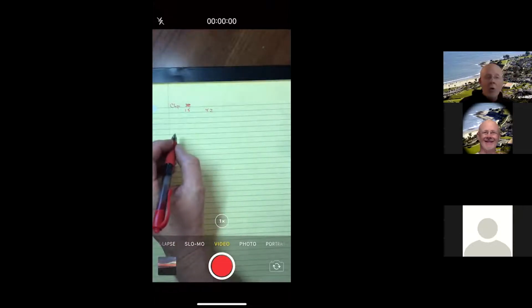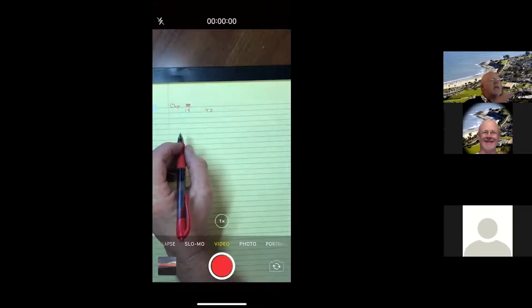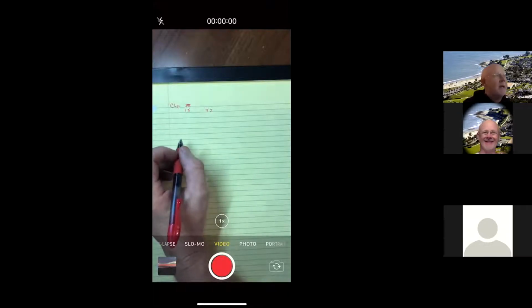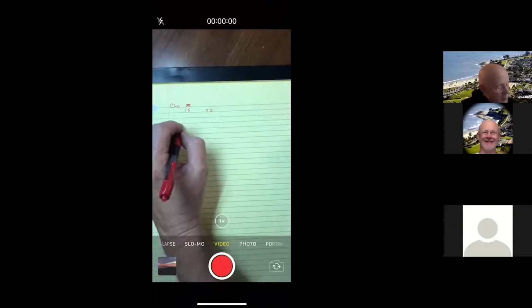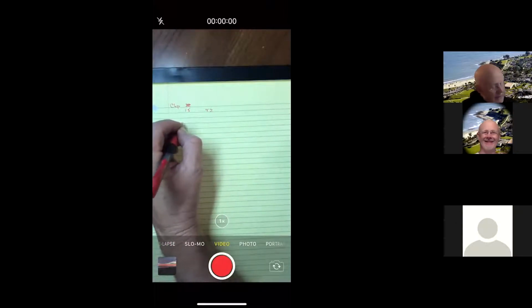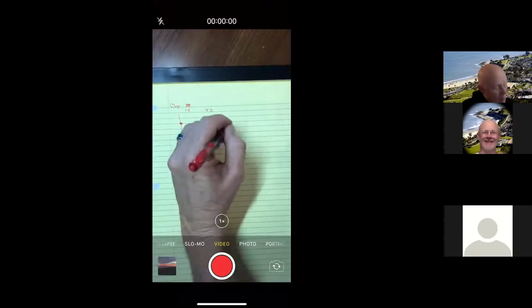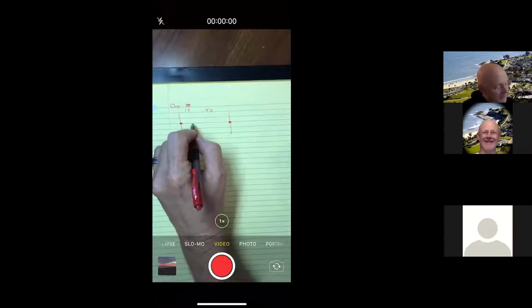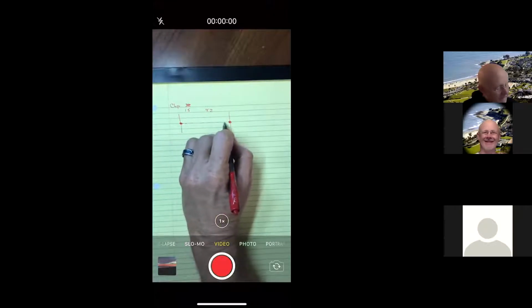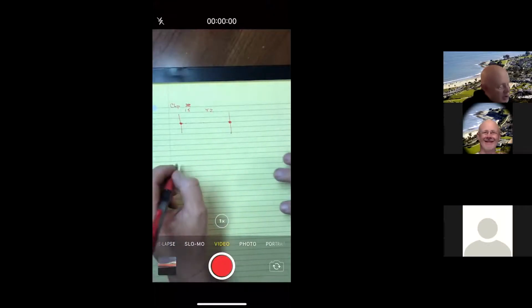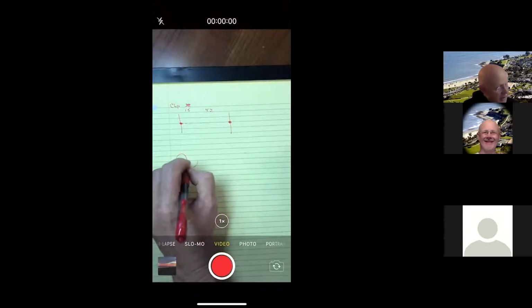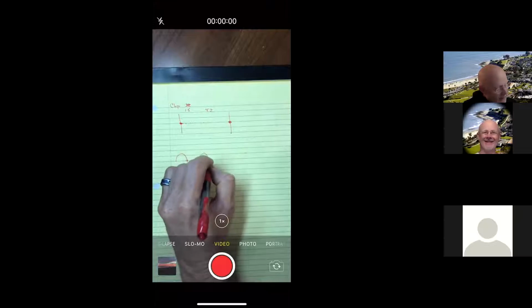ends. There are a lot of scenarios that could happen with a rope or a string. If you tie it on each end, I'll make this a wall here, and if you shake it, you'll get these humps that will vibrate.